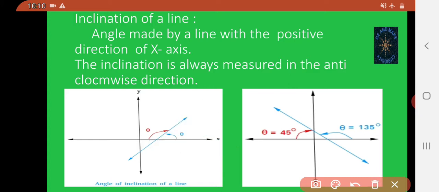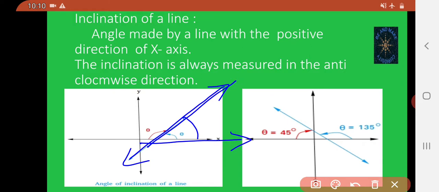The direction of the positive x-axis is this, and the line is this. So the angle between the line and the positive x-axis is theta. This is the angle of inclination, not this theta.